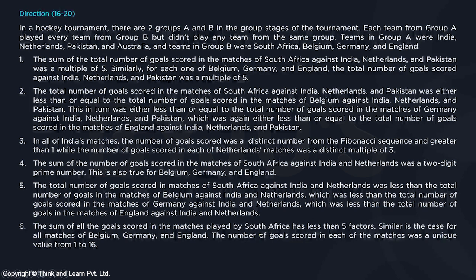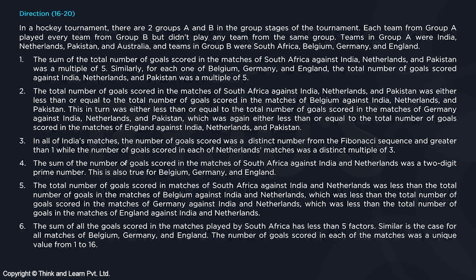So that's another combination, which was again either less than or equal to the total number of goals scored in the matches of England against India, Netherlands, and Pakistan. So not an easy statement here. There are 3 inequalities comparing 4 values. So second is also not giving us anything definite, but just a relation.